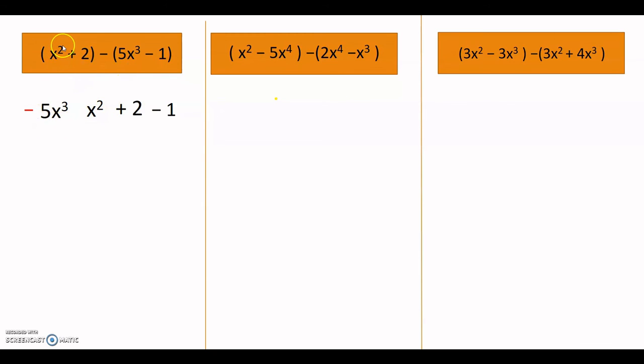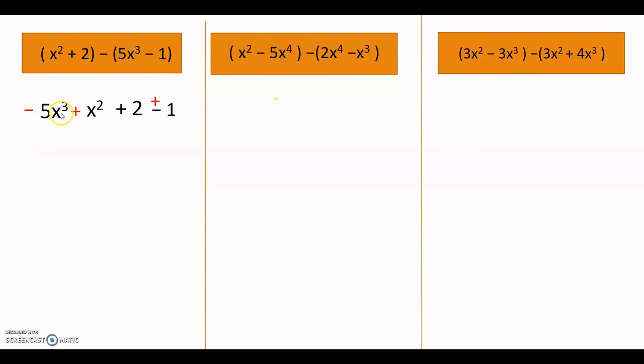And our x squared here is positive. So negative 5x cubed plus x squared plus 2, and then our negative 1 here will become positive because negative times negative is positive.